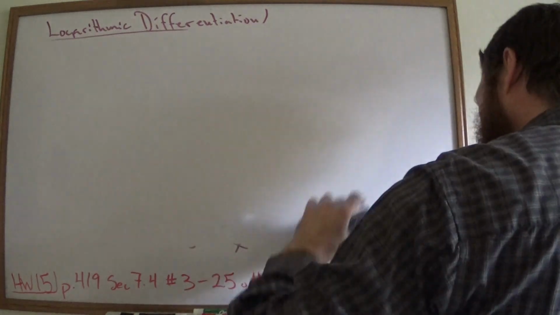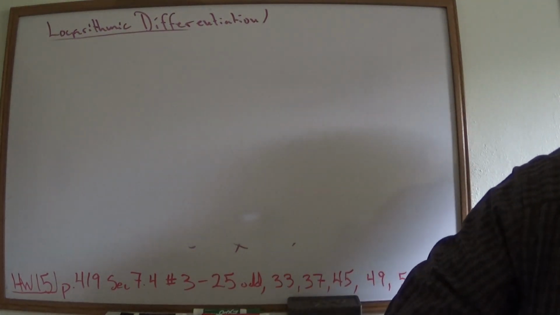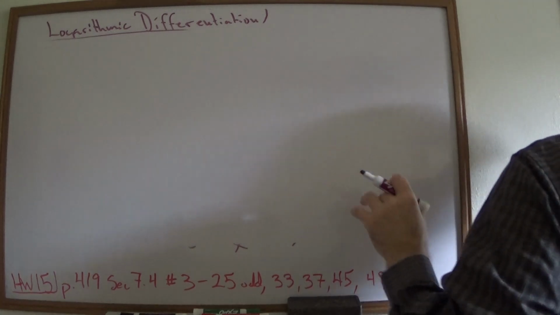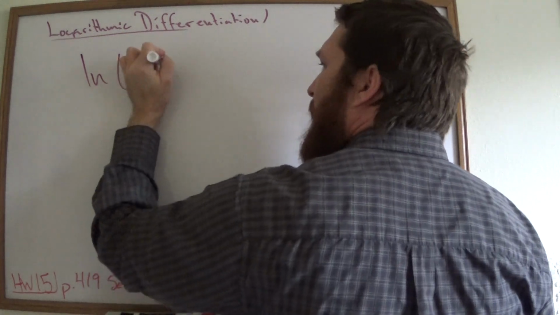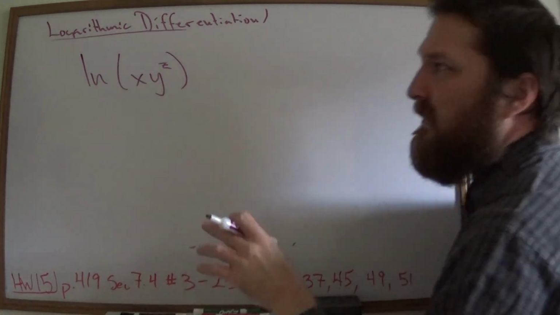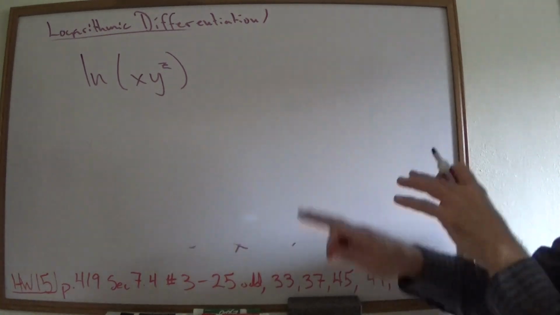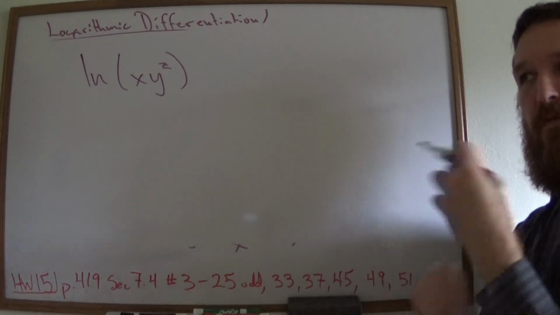So one more example of logarithmic differentiation. Also, for your homework, you're going to need to remember this. So if you have x, y, let's say, raised to the z, remember properties of logs. Because with logarithmic differentiation, it helps you do some really cool stuff, but you have to be able to manipulate logs in order for it to work.